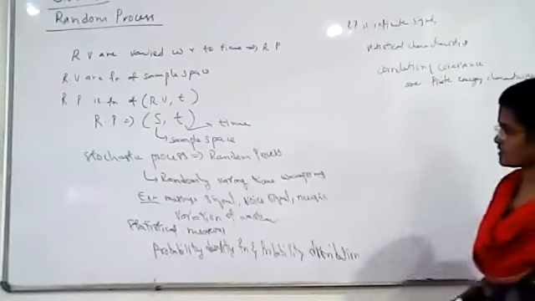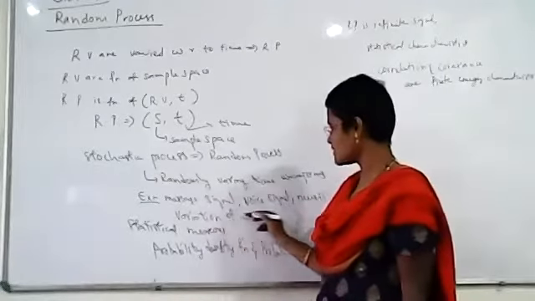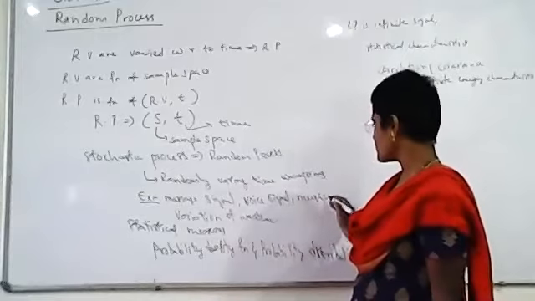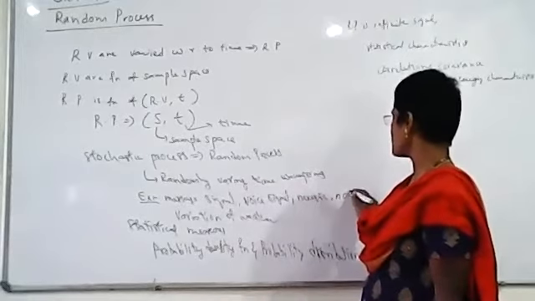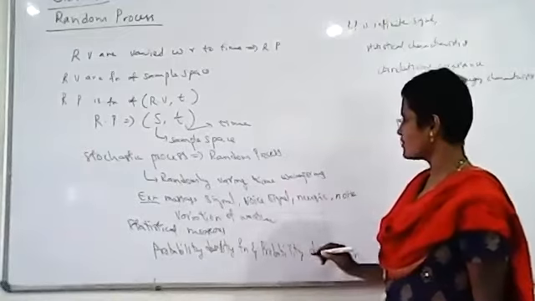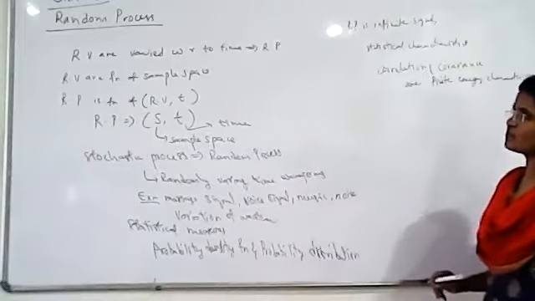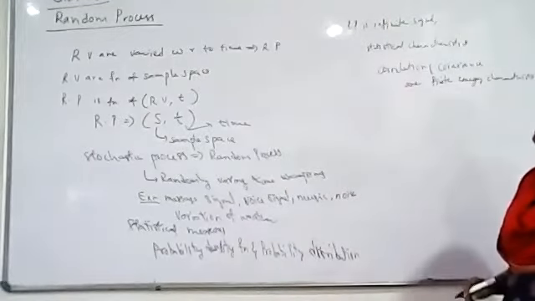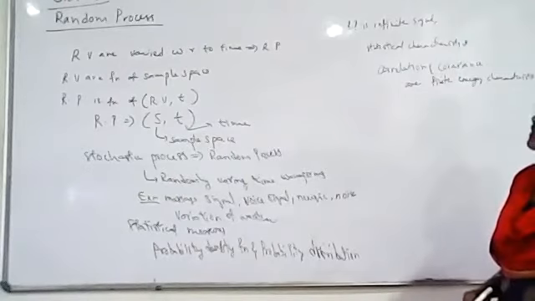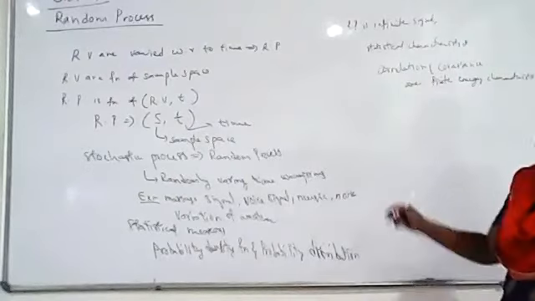Just now we discussed the examples: message signal, voice signal, music signal, noise generated outside, variation of weather. All these are examples. So what is random process? Random process is nothing but the random variables varying with respect to time.